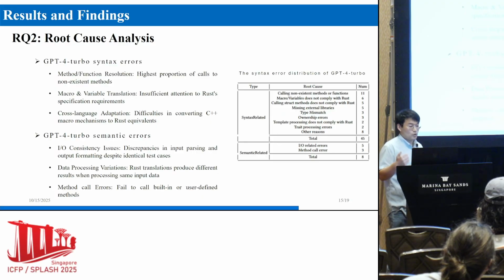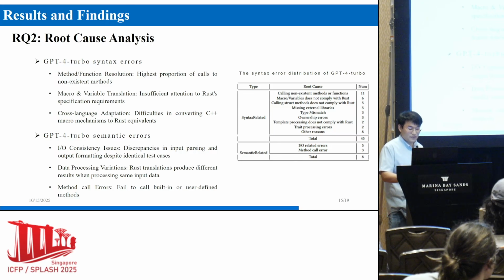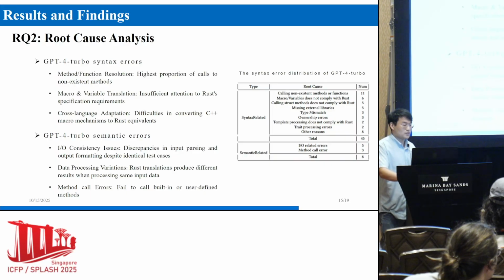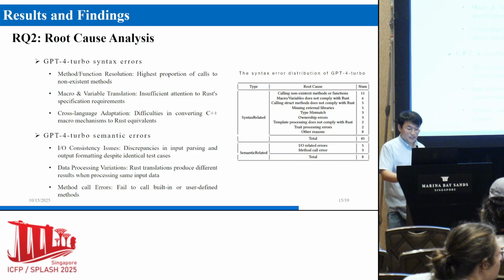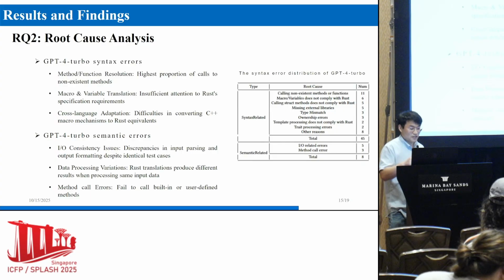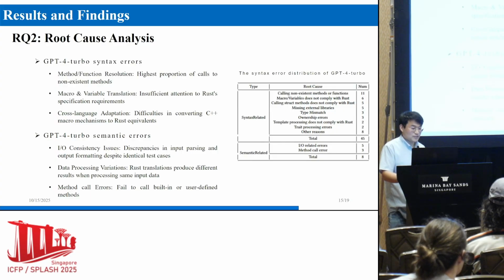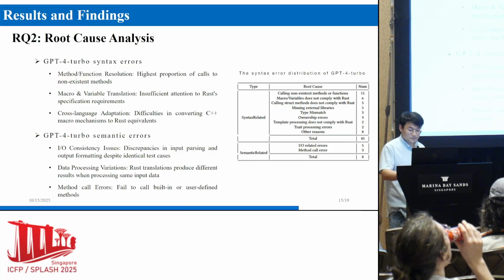The next is macro or variable translation. This is insufficient attention to Rust-specific requirements, giving a wrong translation of C++ code to Rust code. As for the semantic errors, the I/O consistency issue is the most common. We found that when we have the same input, the output is different between the C++ code and the Rust code.